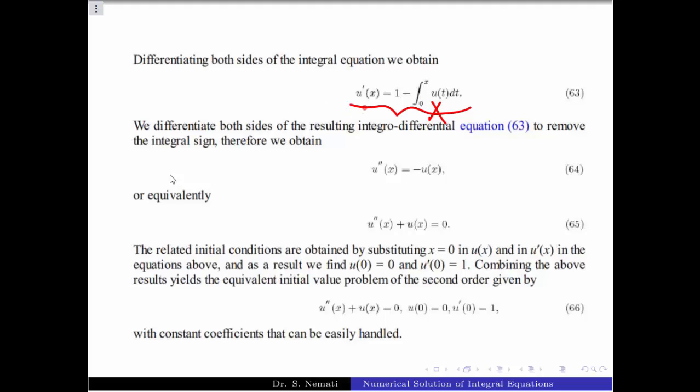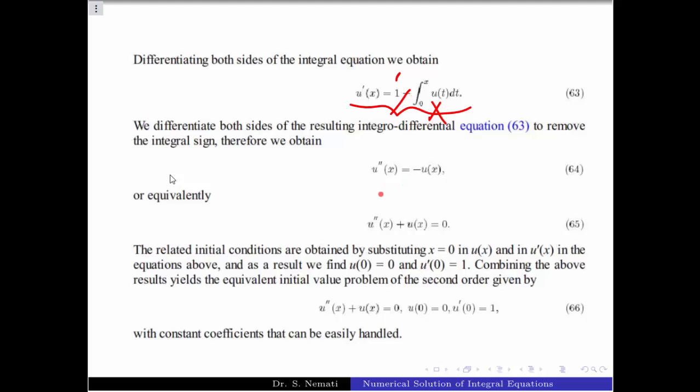So we take the derivative on the left side. We easily have the second derivative of u with respect to x. And on the right side, for the first term, we have 0. And for the second term, as we obtained before, we have u of x with the negative sign that we had.